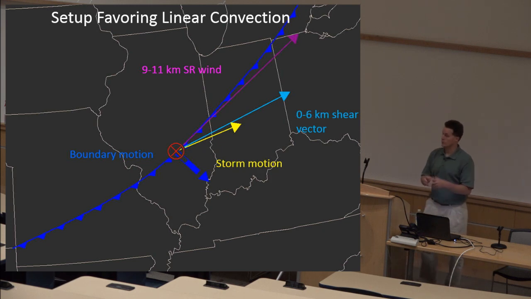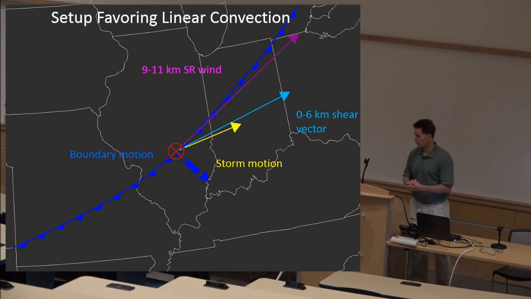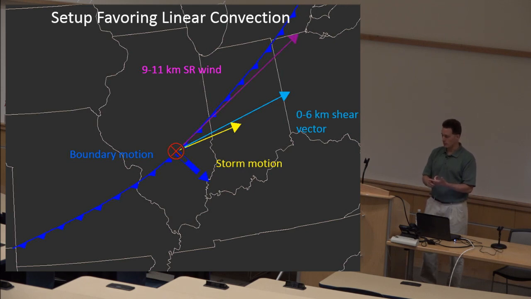We'll show the same sort of stuff when I look at some photographs in specific cases. But here we have a cold front. We have a nice focus for ascent in a band in the low levels, which tends to initiate a lot of storms. It's not too surprising that the shear vectors and storm relative winds would be somewhat parallel to the boundary, because if we think all the way back to session 1, you think about the relationship between the deep thermal gradients and the jet structure.